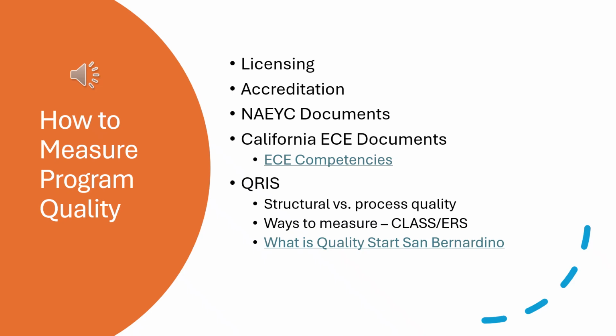What we do in the QRIS is we send assessors out. We have people go out and assess the quality of classrooms, and then we write up reports, and those reports are given to coaches, and then coaches work with providers to help increase the quality of the education landscape that they're providing.